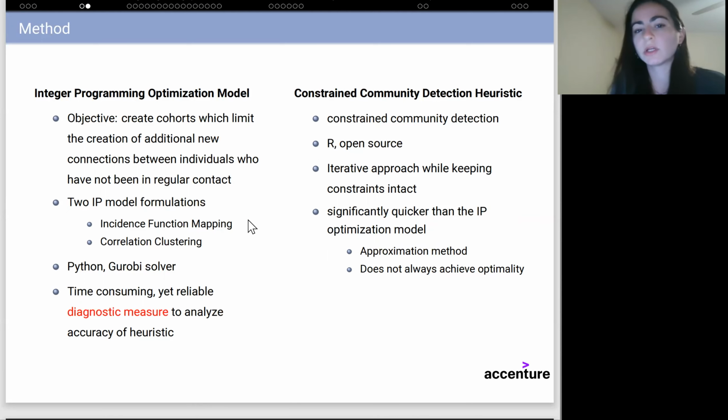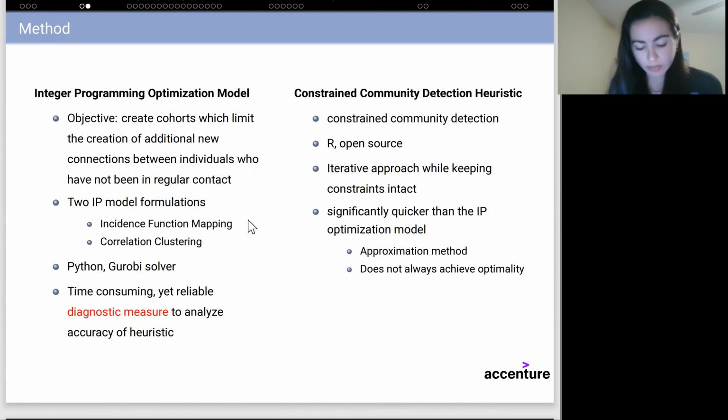The first formulation is based on the incidence function mapping of a graph, and we model it after that. The second formulation is based on correlation clustering, which takes into account dissociation and association. And this is developed in Python.